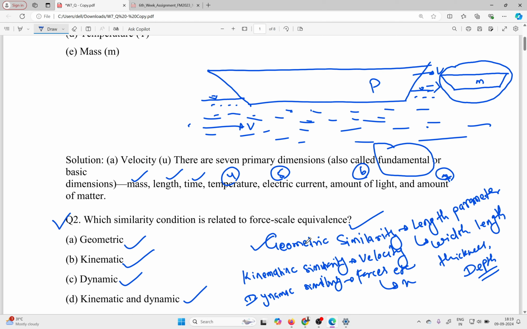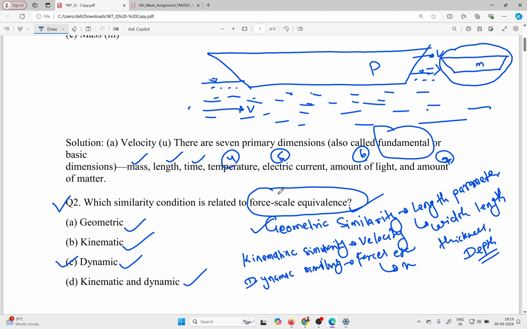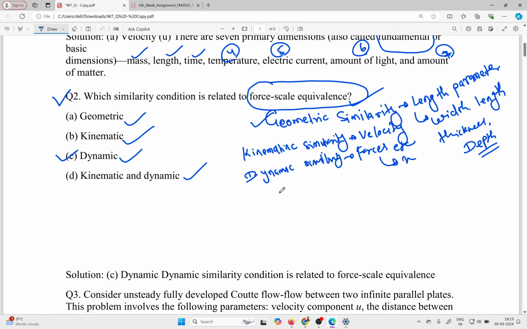So as far as question number 2 is concerned, the force scale equivalence we look in the dynamic similarity. Remember please. So now moving ahead with the new questions. Yes, so here dynamic similarity condition is related to your force scale equivalence. Remember please, dynamic similarity is related to force equivalence.